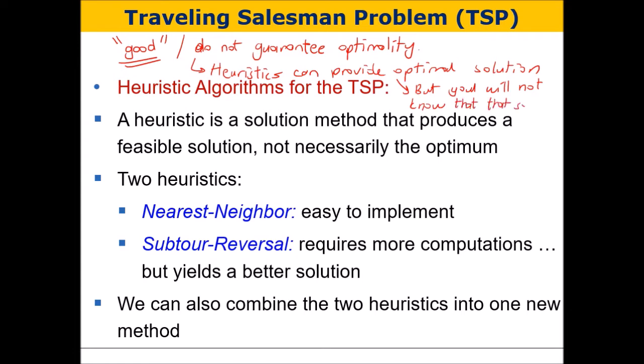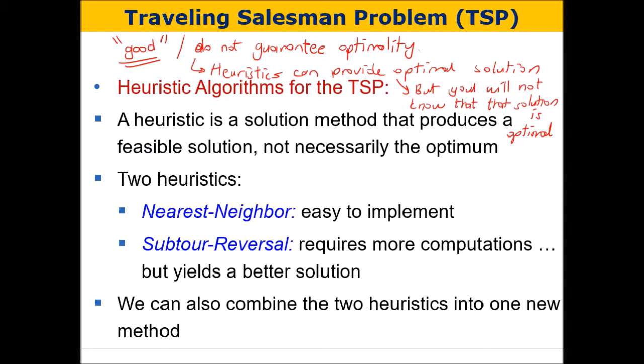You only have a solution provided by an algorithm, and you don't know if it is the optimal solution, because they cannot give you the guarantee. They can find the optimal solution, or they may provide you a worse solution. Maybe there is a better solution than the one you found, and you will not know this either. These kinds of algorithms are heuristics.